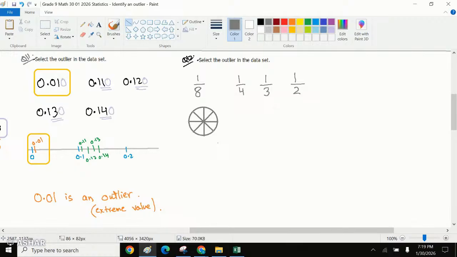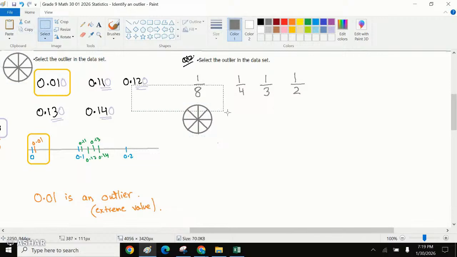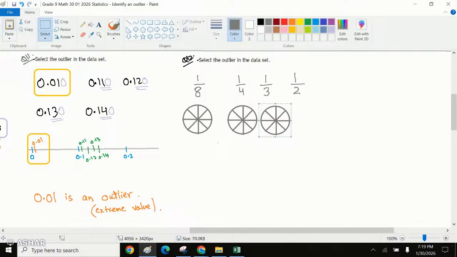Okay. 1 out of 8 means that 1 out of the 8 was shaded over here, right? Let me make a copy first so that I can put it out for all the 3 sets of values. You don't have to do this. I'm just explaining the values, how the fractions would work, right? Okay.